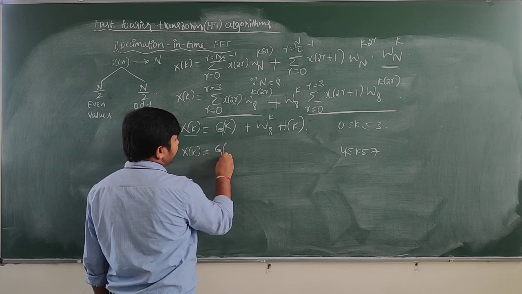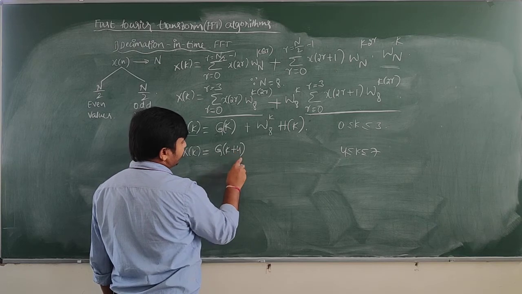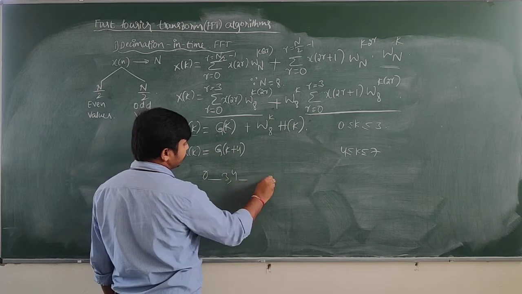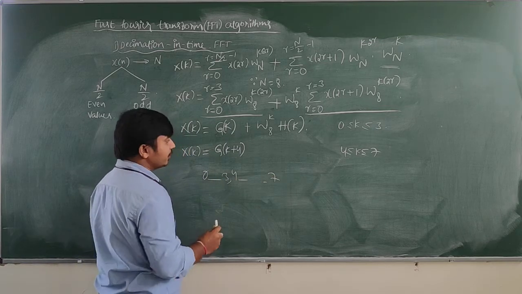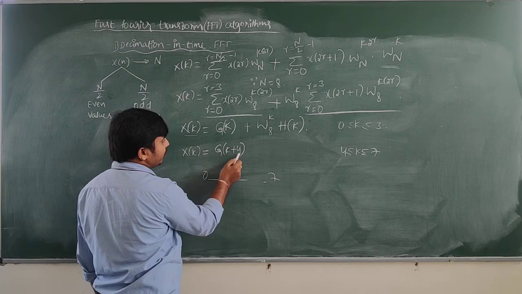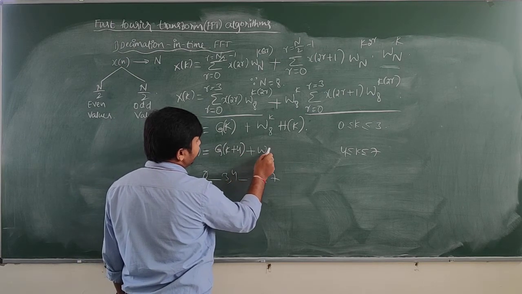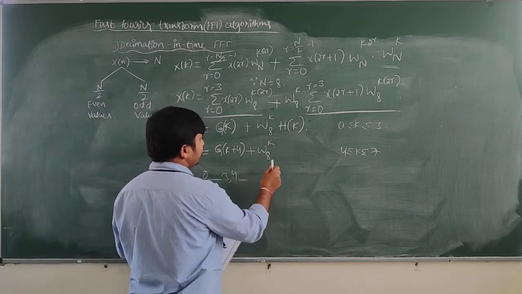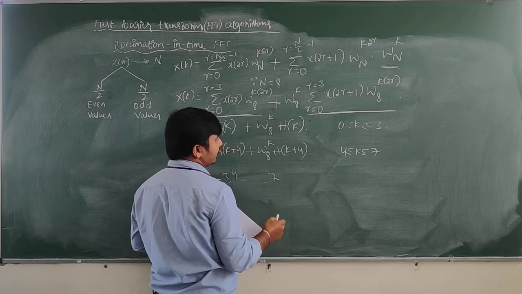This k will be shifted to k plus 4, because 0 to 3 is finished. So now for 4 to 7, I need to shift by 4 positions: g of k plus 4 plus W8 power k into h of k plus 4.